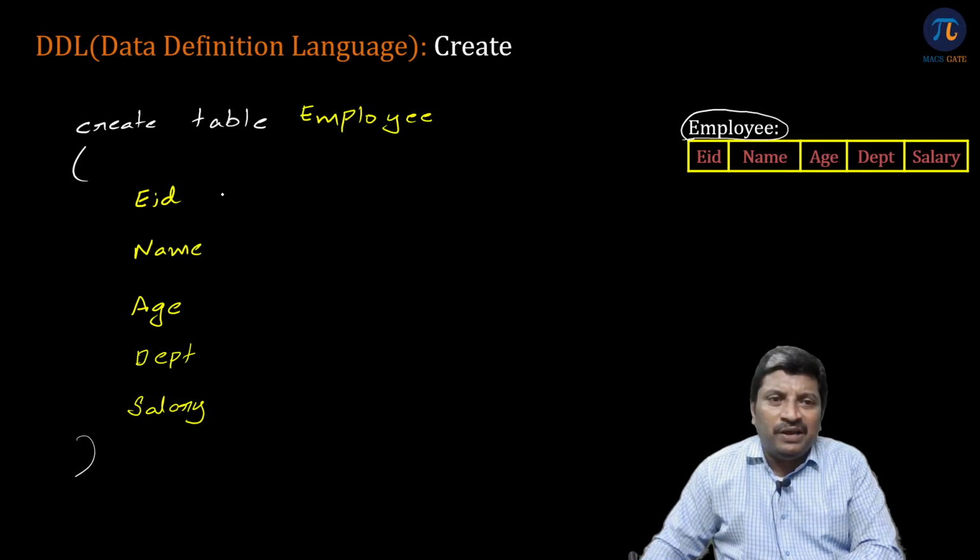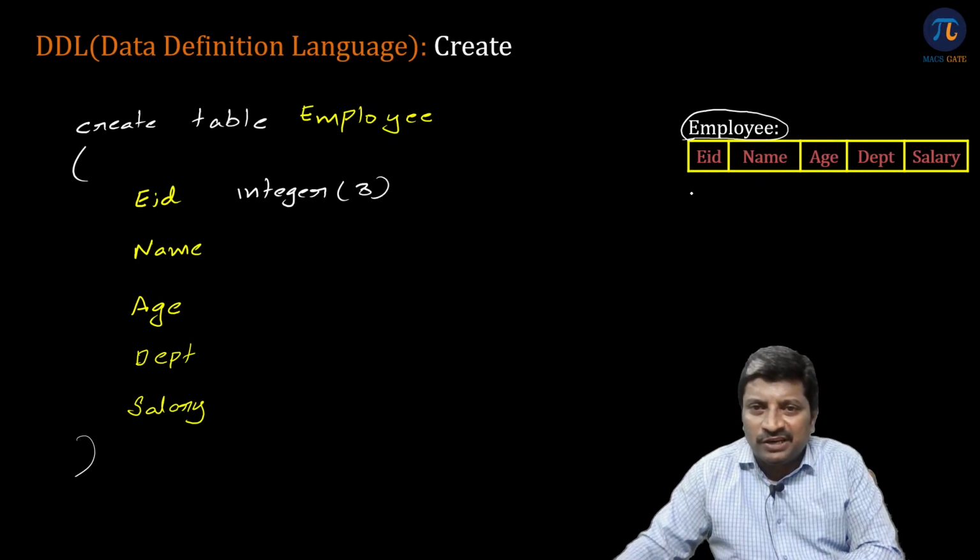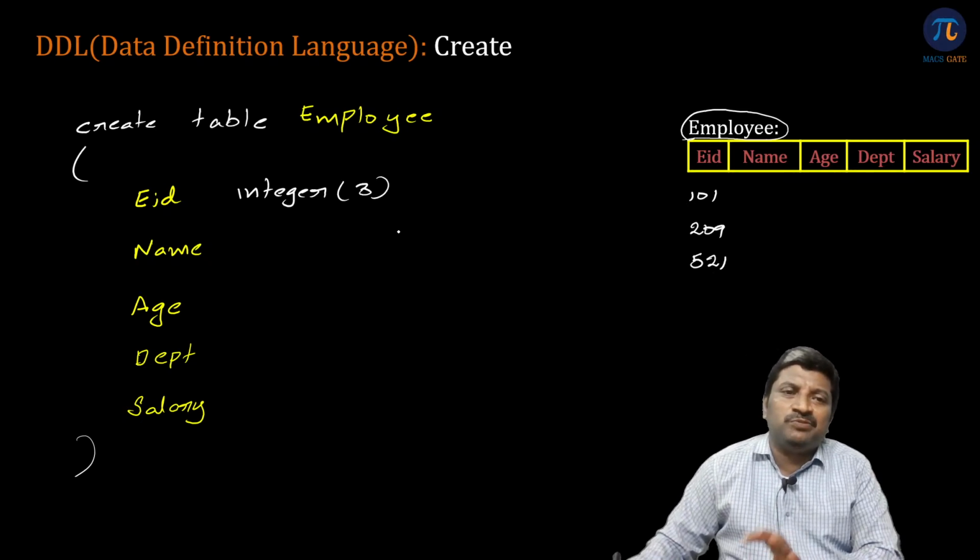Suppose employee ID is an integer, sir. Employee ID is an integer which has a maximum of 3 digits. That means I can have 101, 209 or some 521 like that. So a maximum of 3 digits in my integer.